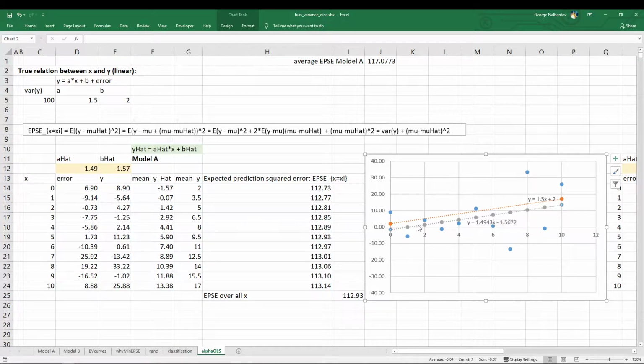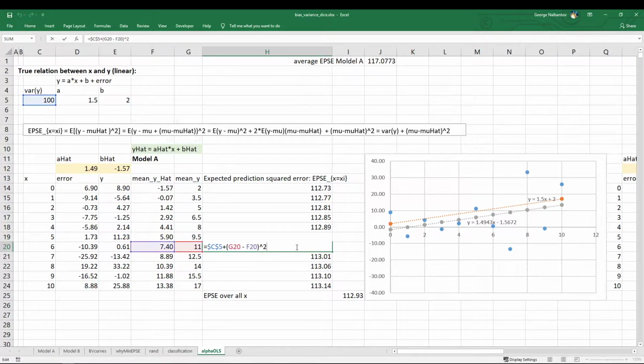It will be fixed by our OLS regression line. So when it's fixed, what is the expected squared error? So the difference between what we see in the future and our prediction, and it's here. So for x equals 6, it will be 112.97.